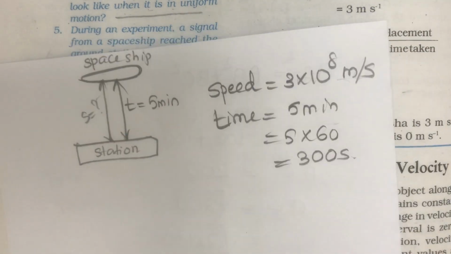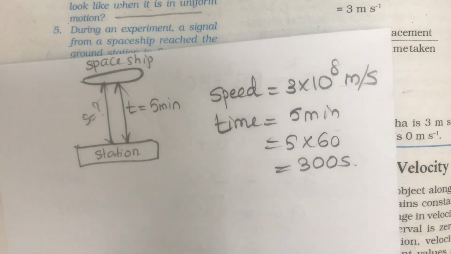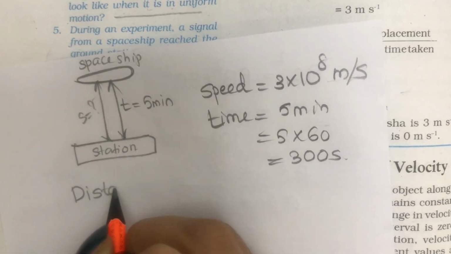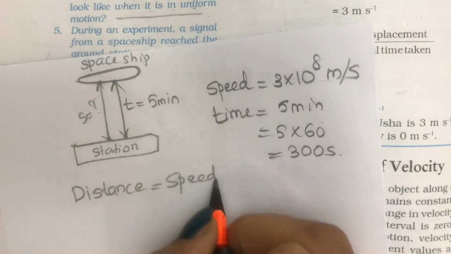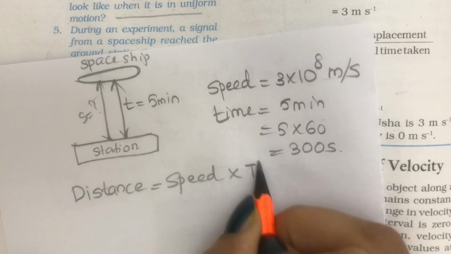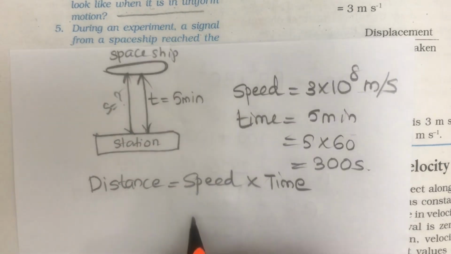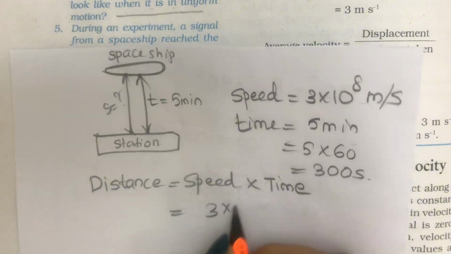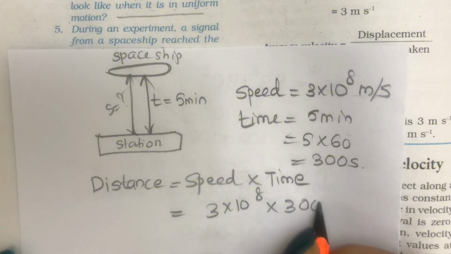So what is the equation that connects distance, speed and time? Distance is equal to speed into time, right? So now speed is 3 into 10 raised to 8 into time, which is 300.